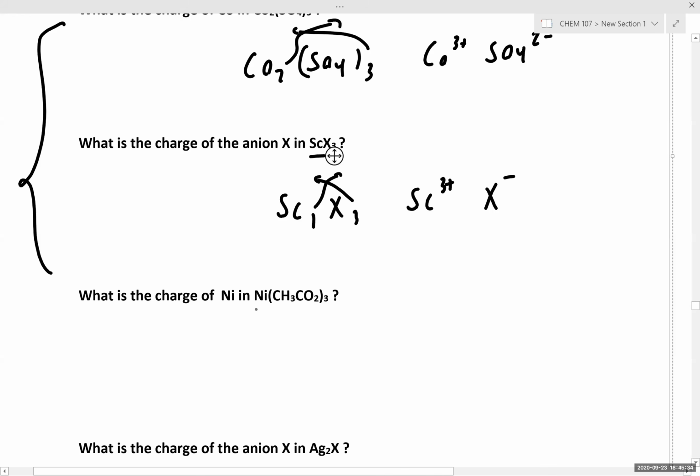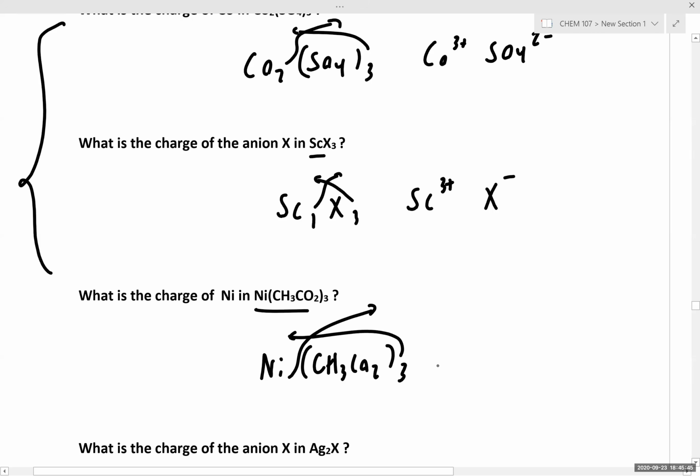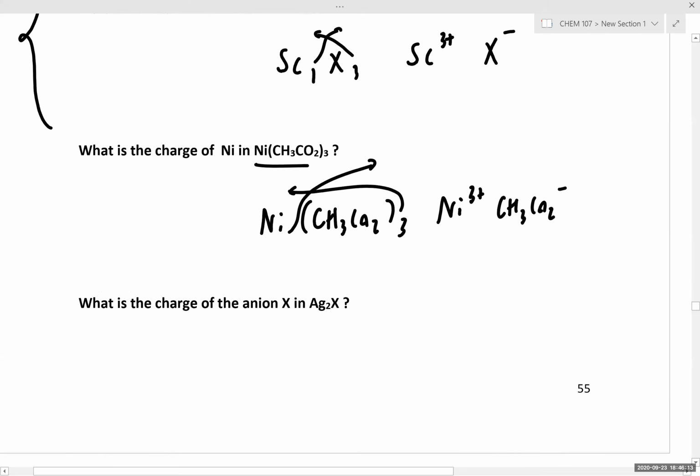Finally, for nickel acetate, we write out nickel and acetate, and then we reverse cross our charges, and that gives us nickel 3 plus, and acetate has a -1 charge. Do these examples make sense to everyone so far? Is everyone comfortable with these examples so far? Perfect.